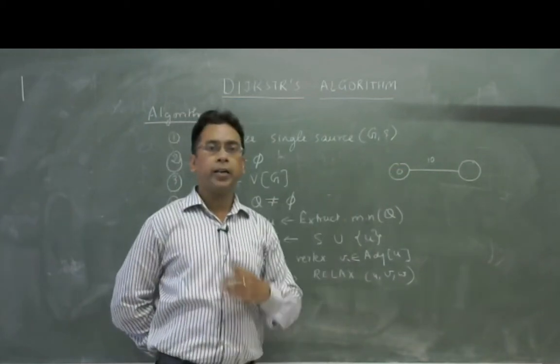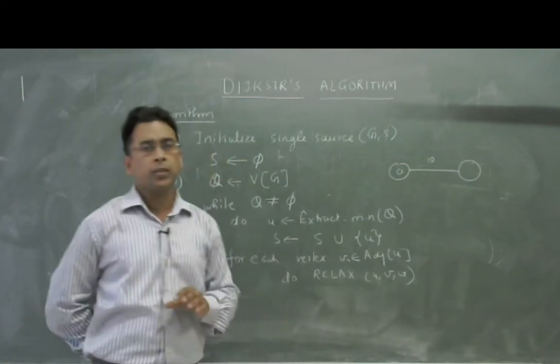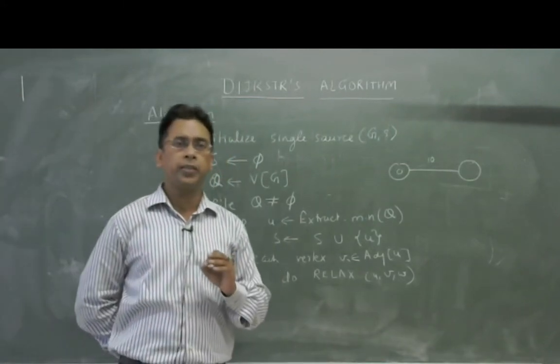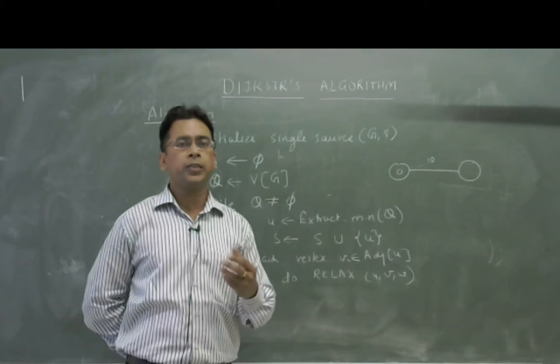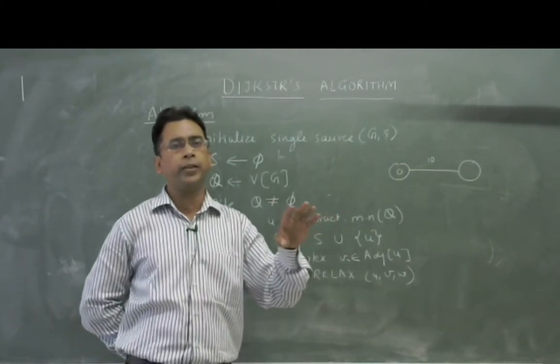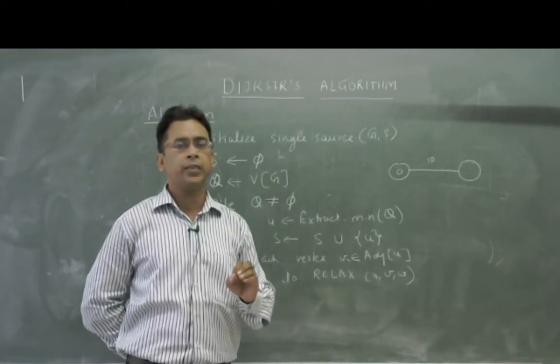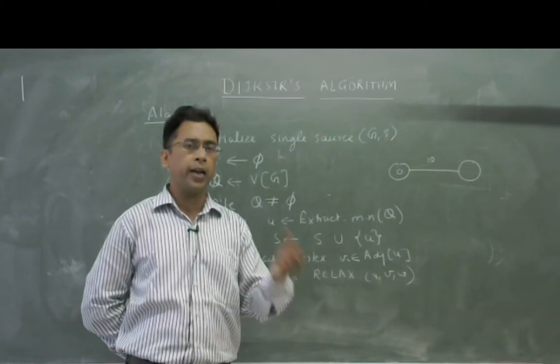Infinity is considered to be a very high value. We consider that from the start node, all the nodes are at infinite distance. If we can get any distance smaller than that, then we say that that node has been relaxed.